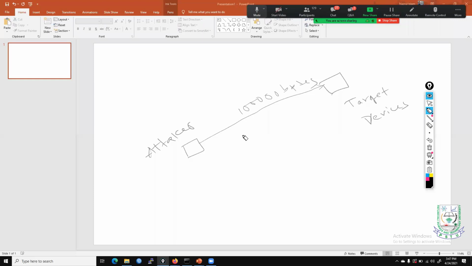By default, the normal maximum size of the packet is 65,538 bytes, right? So this is the normal IP packet maximum size.